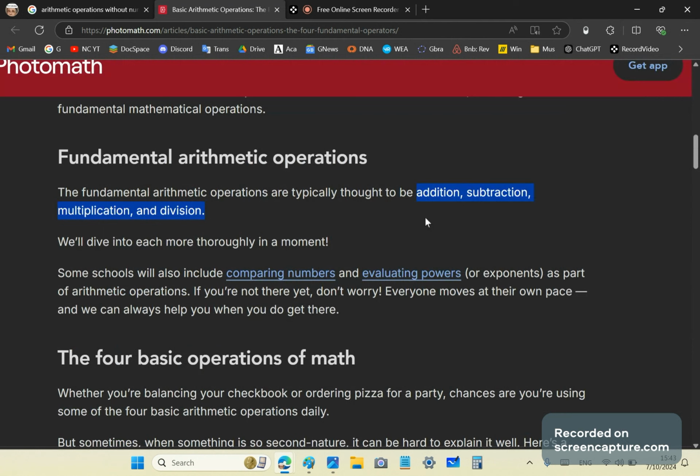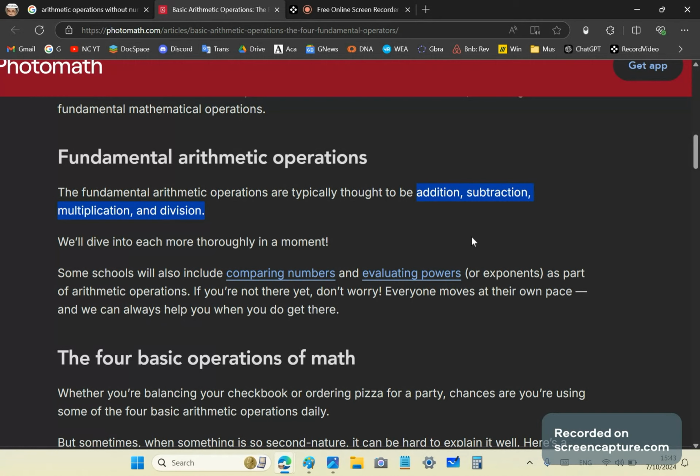There's a problem with that order, by the way. First of all, subtraction should come before addition and division before multiplication, because the correct order of the operations is subtraction, addition, division, and multiplication, because from subtraction we get addition, and from subtraction and addition we get division, and from division we get multiplication.